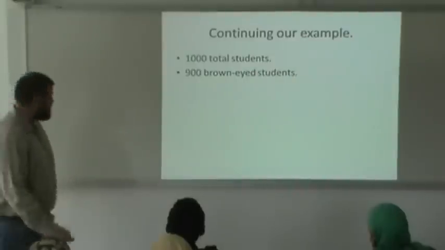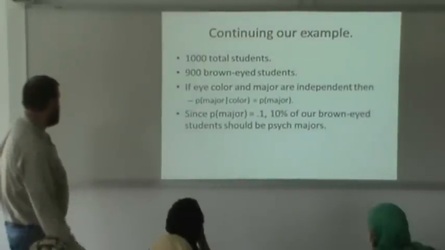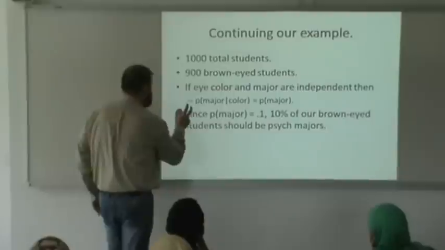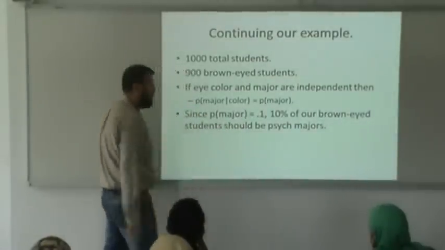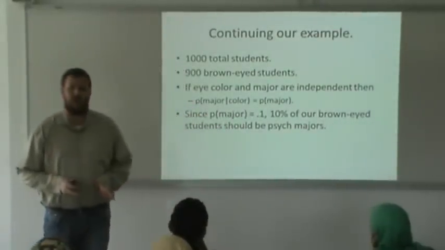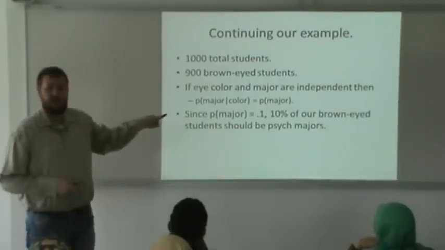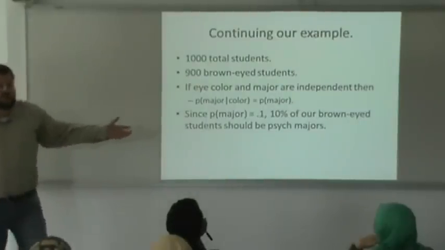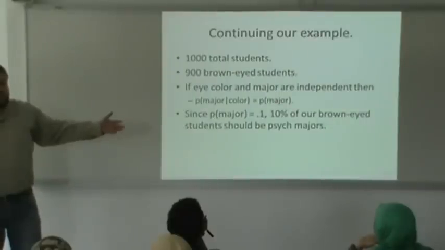But let's try to think about this in a little bit different way. So, since probability of major equals 0.1, this means that 10% of our brown-eyed students should be psych majors, right? If they're independent, 10% of all of the students should be psych majors.